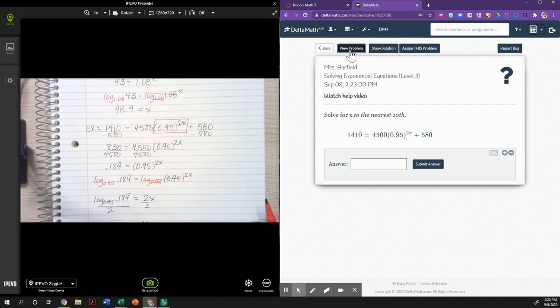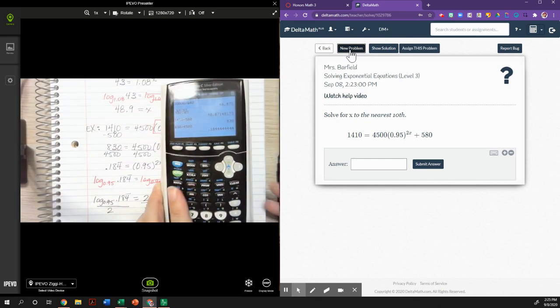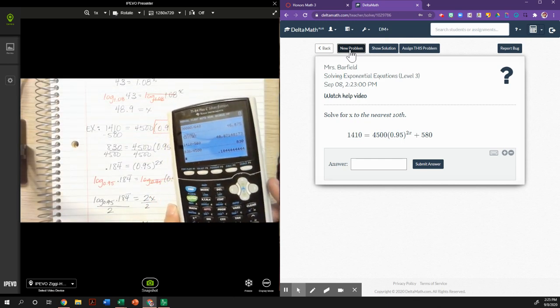So x equals, and now I have to type this wonderful problem in on my graphing calculator. I'm going to type in the logarithm first, get my answer, and then divide by 2. So alpha y equals, log of 0.184.